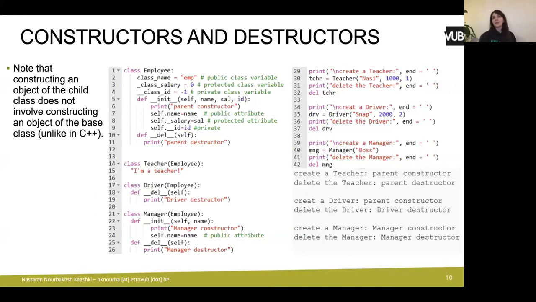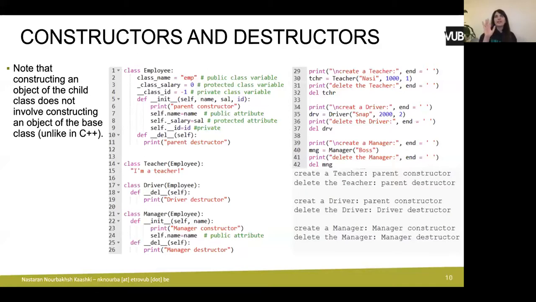If you are a C++ programmer, you know that this way is not similar to what you have in C++. In C++, when you create an instance from a derived class, an instance from the parent class will also be created. And when you are deleting them, the destructor of the parent class and the destructor of the child class will be called.